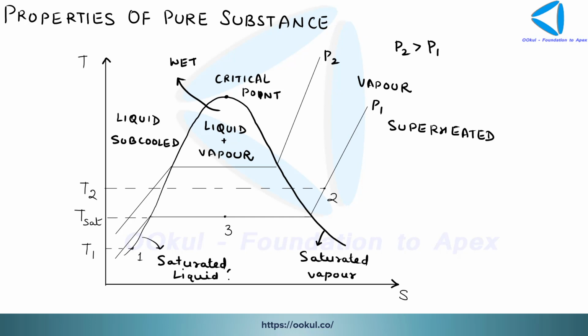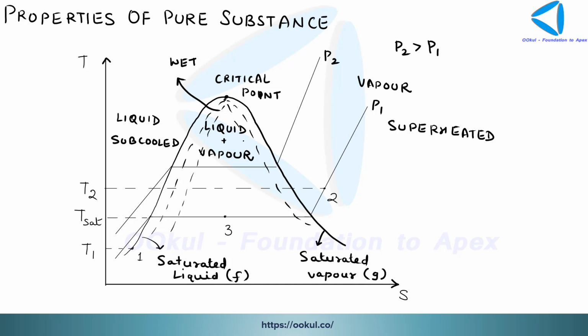This is generally denoted by f, and this is denoted by g. And then there are some lines which originate from the critical point. They are known as the dryness fraction lines.